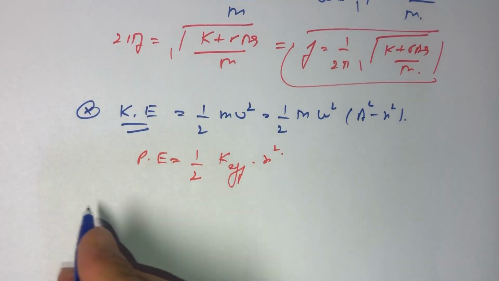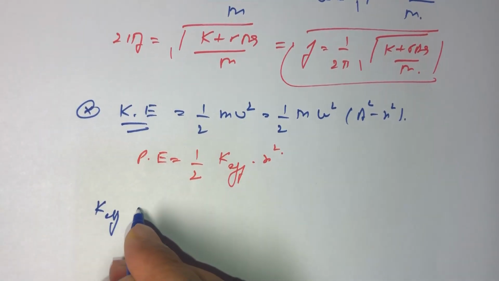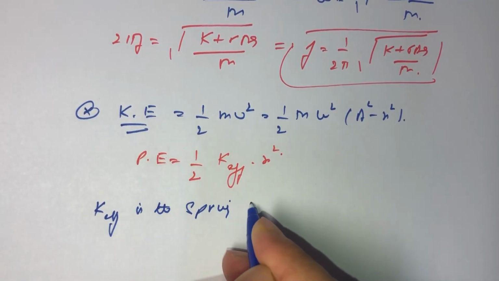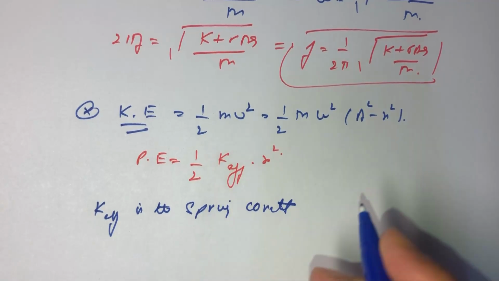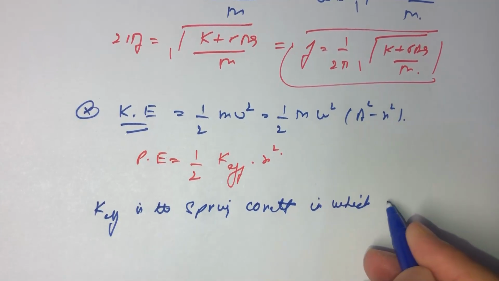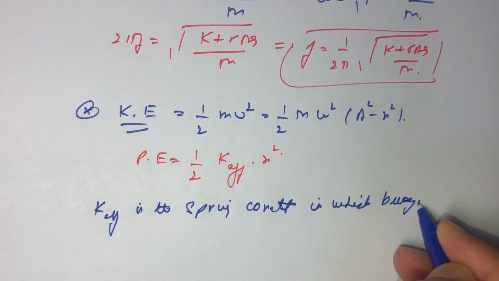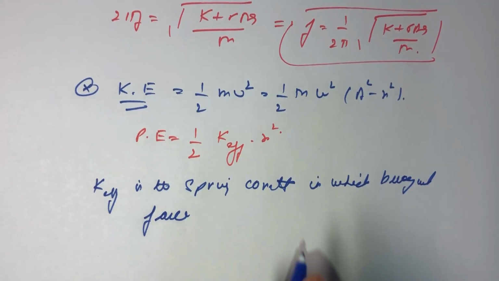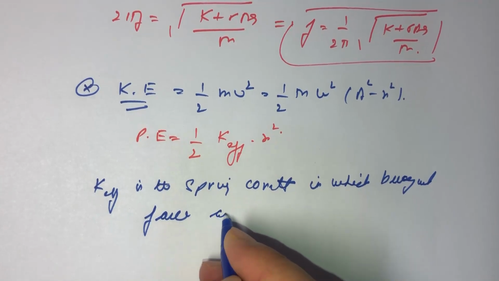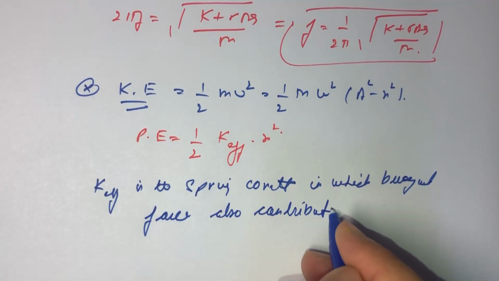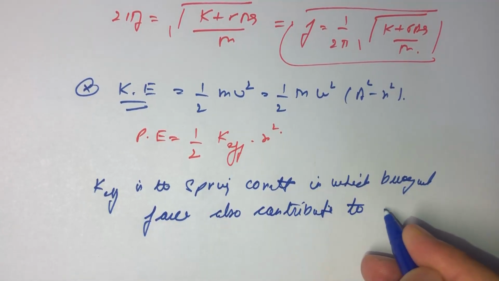Okay, so k effective is the spring constant in which the buoyant force also contributes to the restoring force.